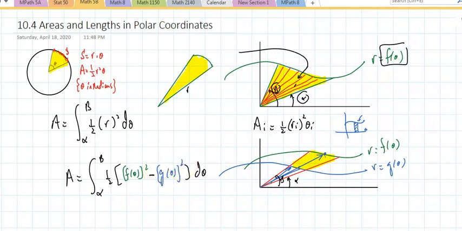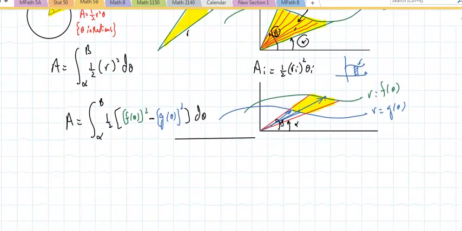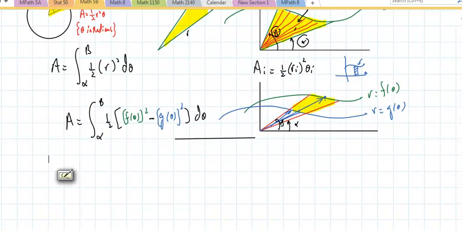You don't take f of theta minus g of theta quantity squared, kind of like when you did back in the days when you found the shell method and washer. So that's pretty much how it works. Now let's look at some examples.